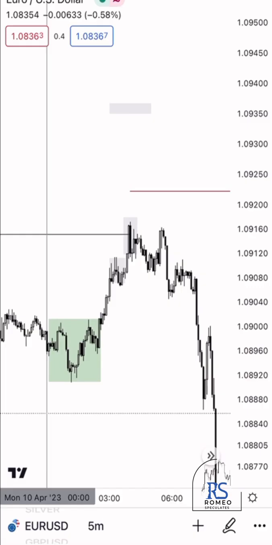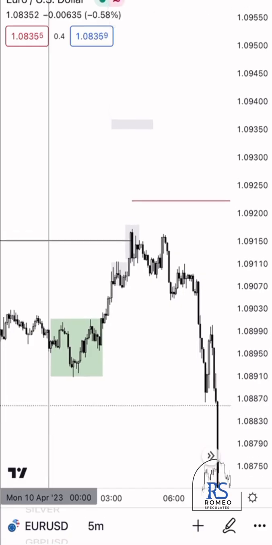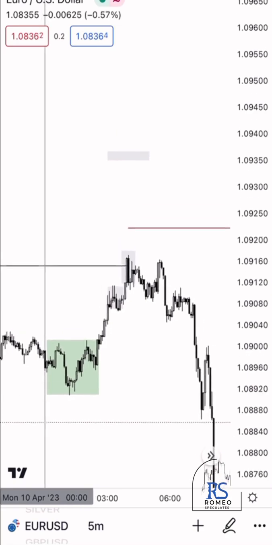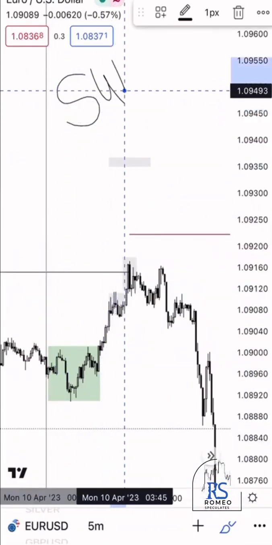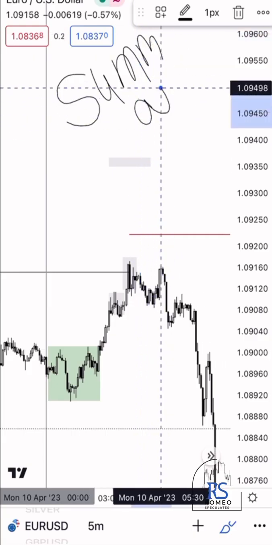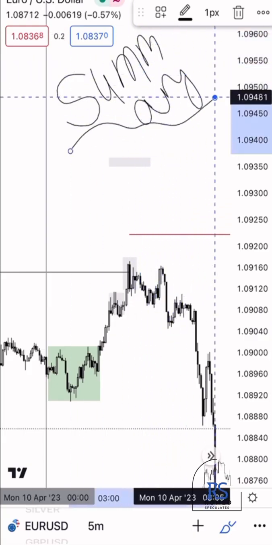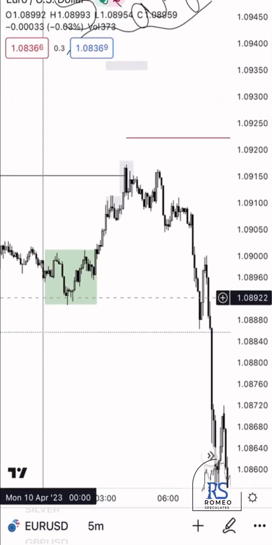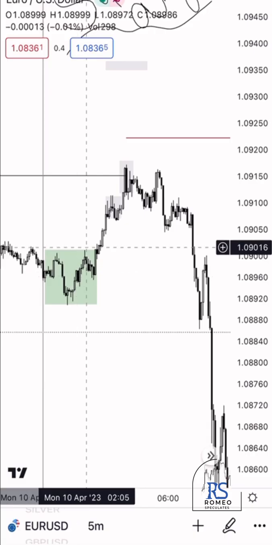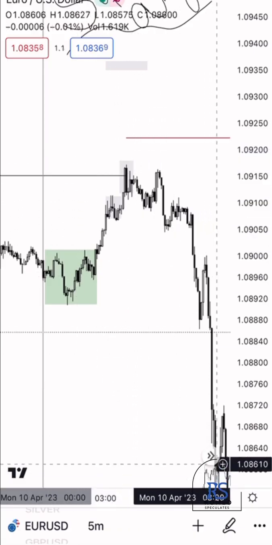In summary, and I have spoken about a lot more than I intended to, right? Which is why it's probably a bit longer than normal. So that's okay. So in summary, with an S: opening price, opening time, accumulation, manipulation, distribution.